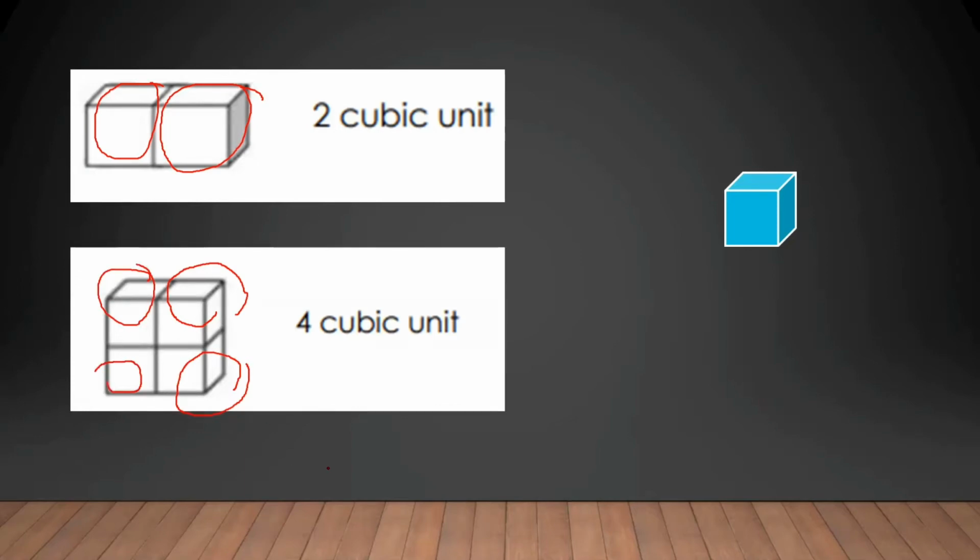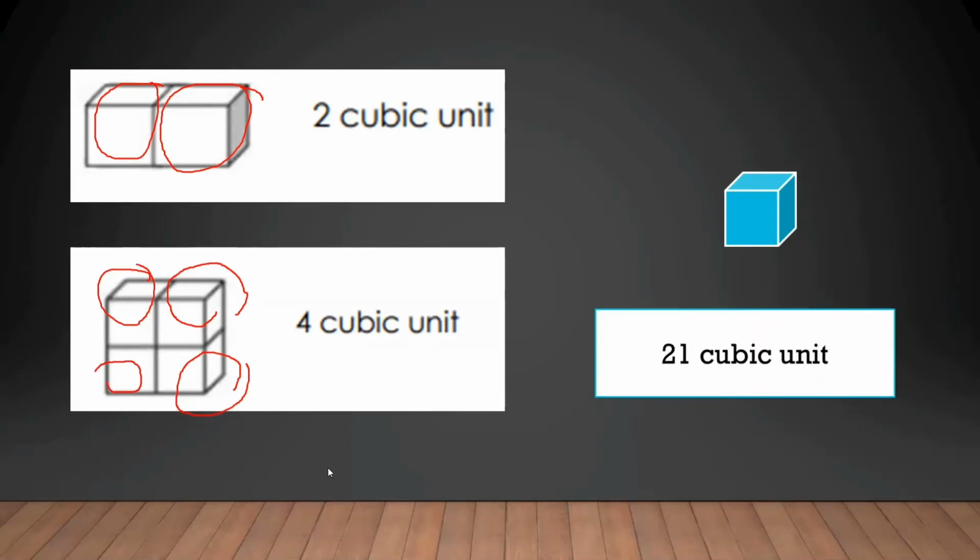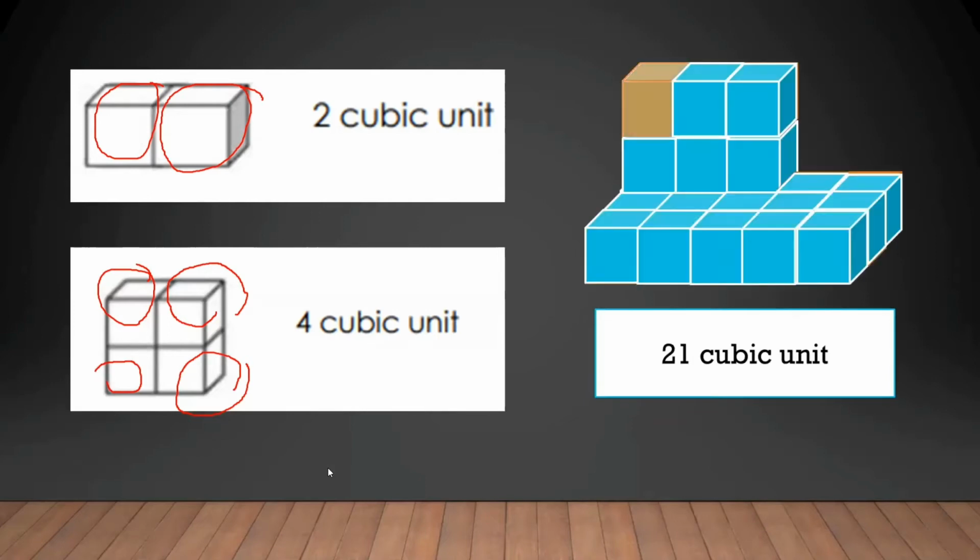Ayan. So, the next example is the 21 cubic unit. So, bakit nga ba siya naging 21 cubic unit? So, ipapakita natin kung bakit siya naging 21 cubic unit. So, first is we have the box here. So, this is 1.